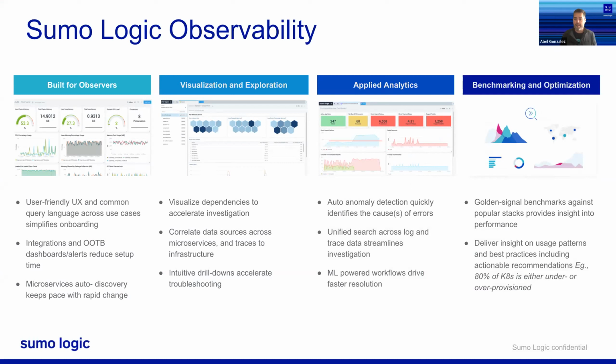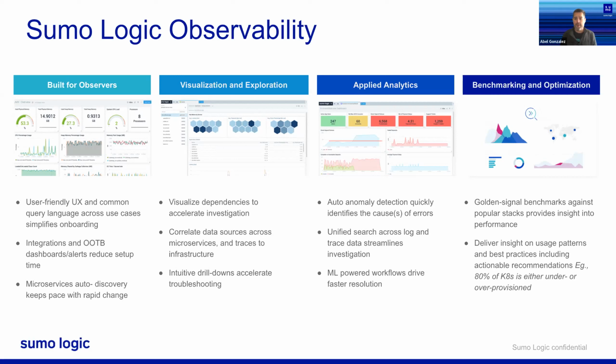And we understand that depending on all of the application components and the infrastructure, it's really beneficial to get out-of-the-box information so that you can quickly start getting value from the system. Using our rich metadata enrichment, we're then able to see those dependencies that accelerate the investigation. So you can go from the microservice of the application to the underlying infrastructure and connect all of these as you're troubleshooting when things go awry.